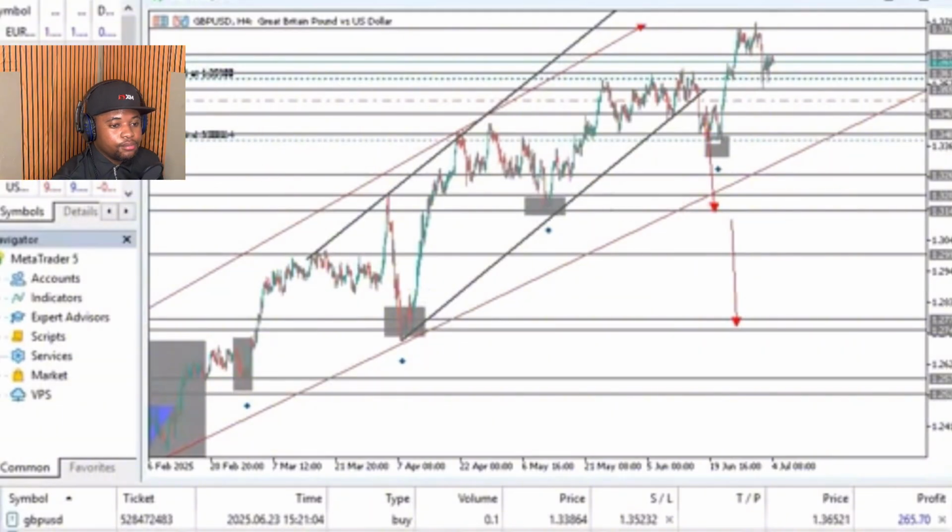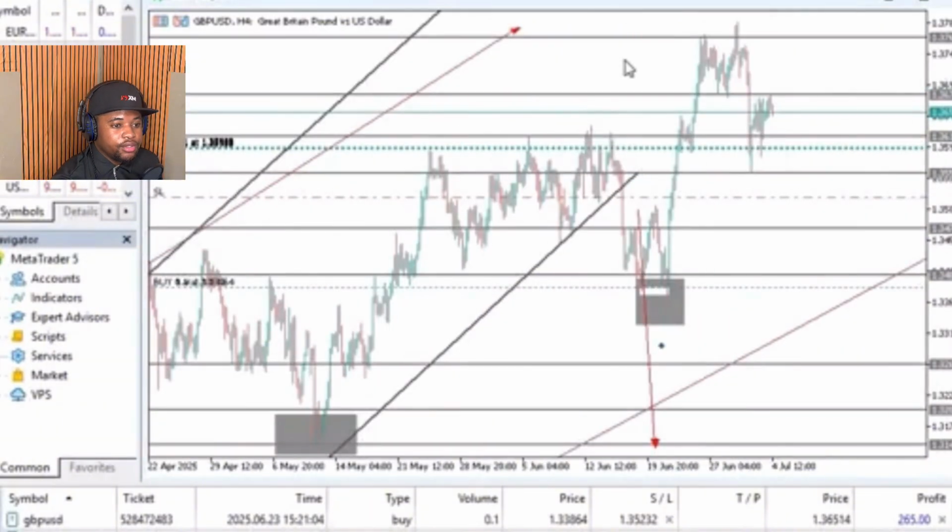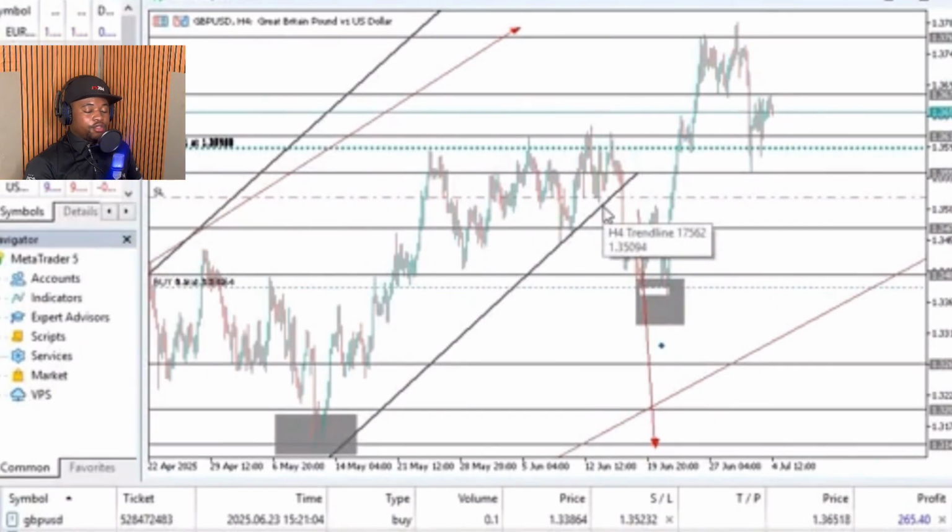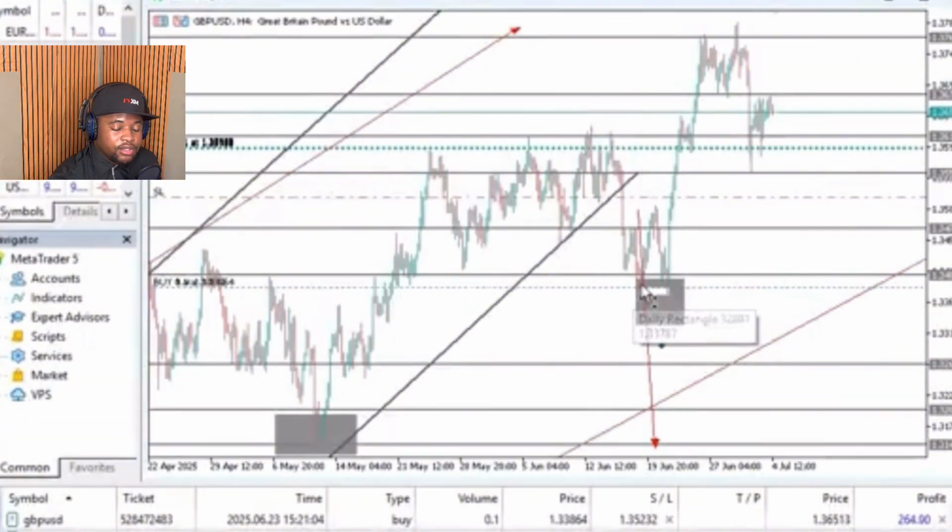Okay, so let me just zoom it in. Another thing that gave us high confirmation, or high assurity, is this first retest level at this point here. The first retest point was also an assurity, but we were not quite sure about it until we had the second assurity at this point here.